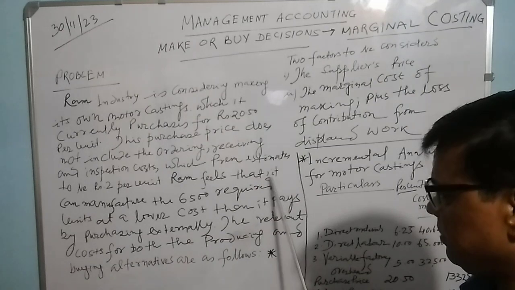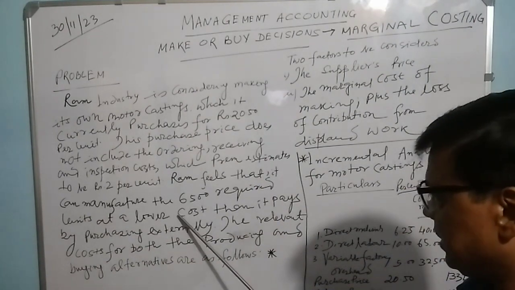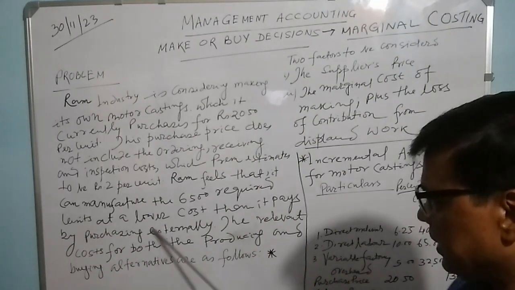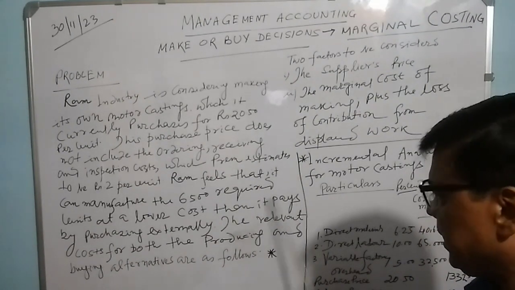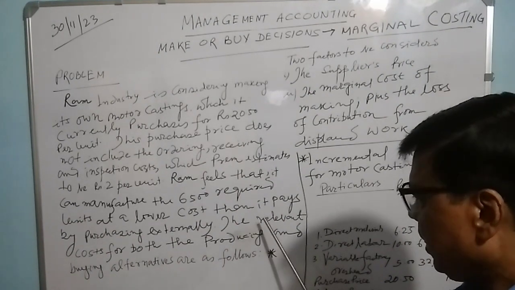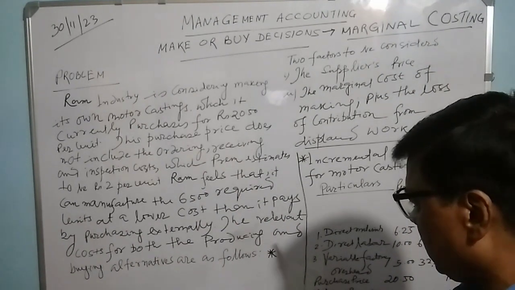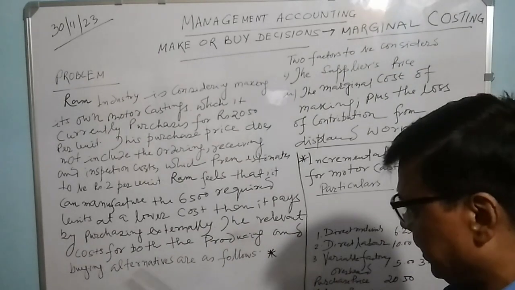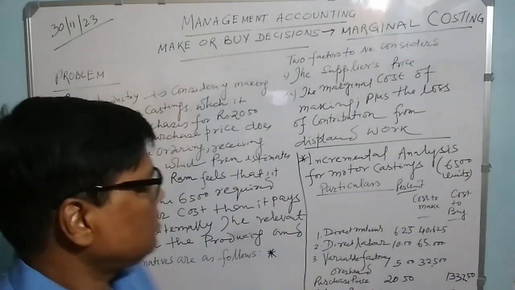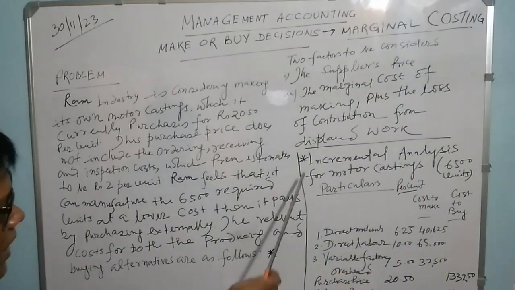Ram feels that it can manufacture the 6,500 required units at a lower cost than it pays by purchasing externally. The relevant costs for both the producing and buying alternatives are as follows.